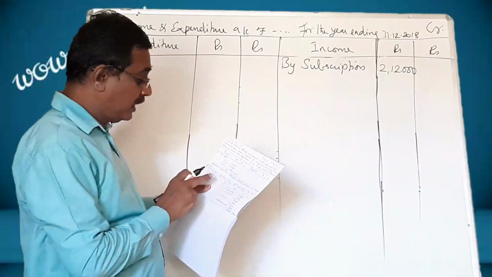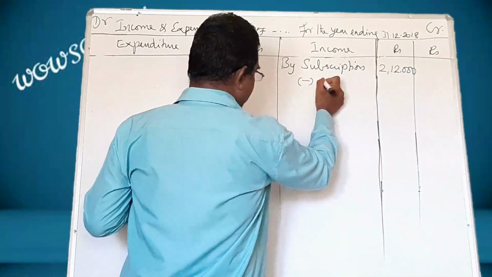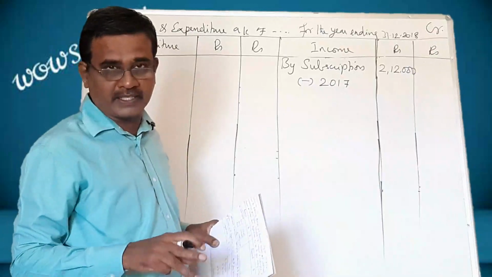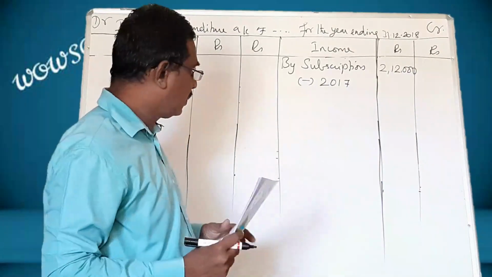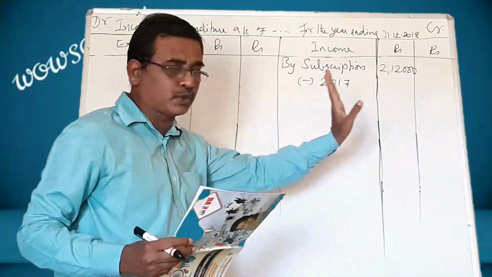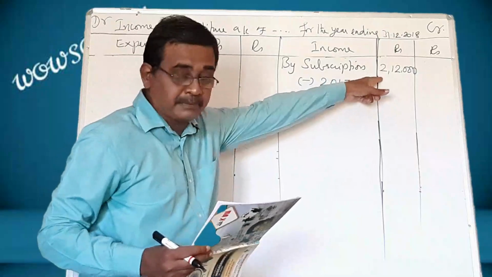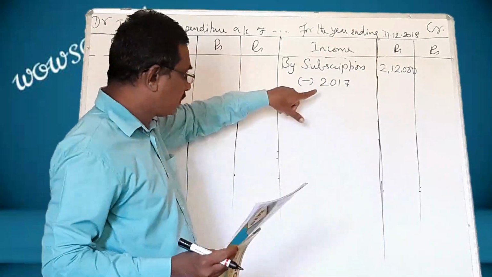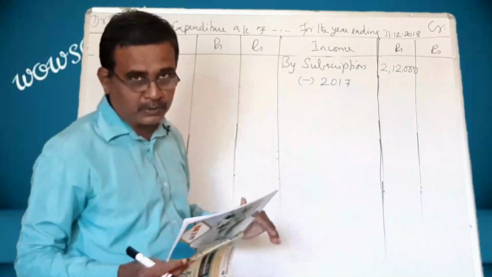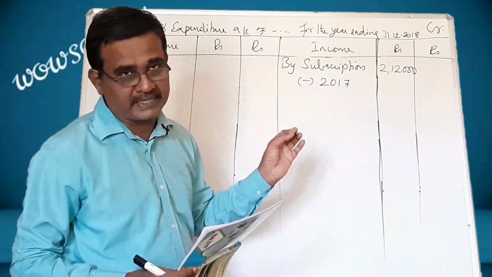From this 2,12,000, subtract the amount meant for 2017. See, we prepare the account for the year 2018, so the subscription which is meant for 2018 alone should be shown in the outer column. Whereas this subscription includes the 2017 subscription and the subscription for 2019 also. So those two subscriptions should be subtracted.